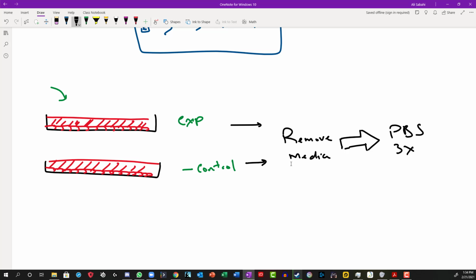So once you've done that, then you, in some way or the other, whether it's mechanically or by just adding detergents such as SDS, you go ahead and disrupt the cell membrane. If I disrupt the cell membrane, all the proteins that are inside spill out.